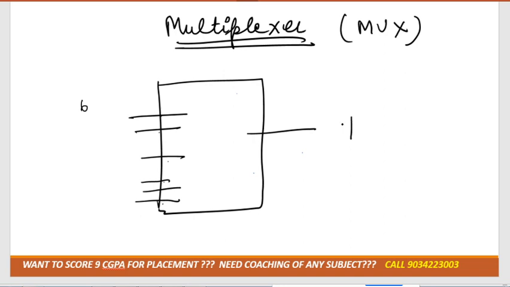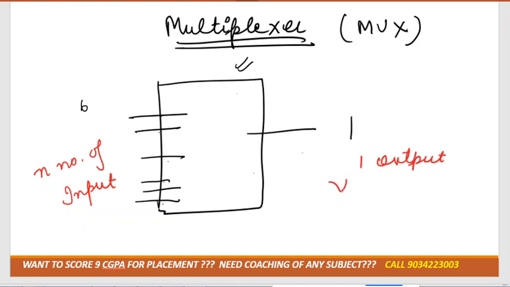Output means the exit from your room. Can this happen? Yes. If your room is like this, that is known as a multiplexer. Basically, in the multiplexer we have n number of inputs and a single output, denoted by Y.